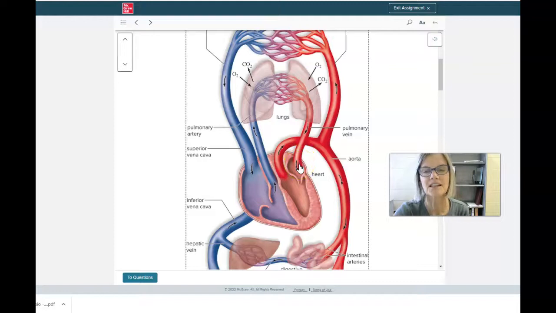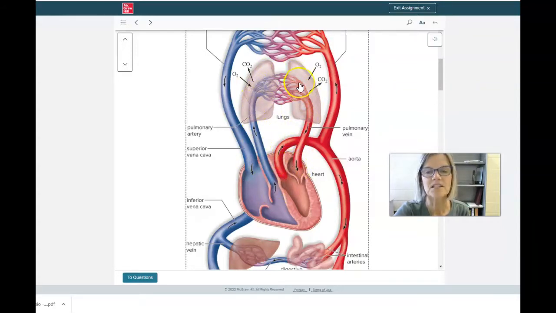Remember, veins return blood to the heart, and because veins almost always carry deoxygenated blood, the pulmonary vein is the exception: it carries oxygenated blood. This movement of the blood from the right side of the heart to the lungs and back to the left side of the heart is what we call the pulmonary circuit.